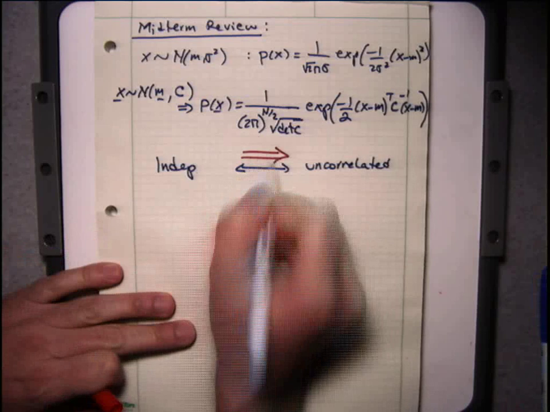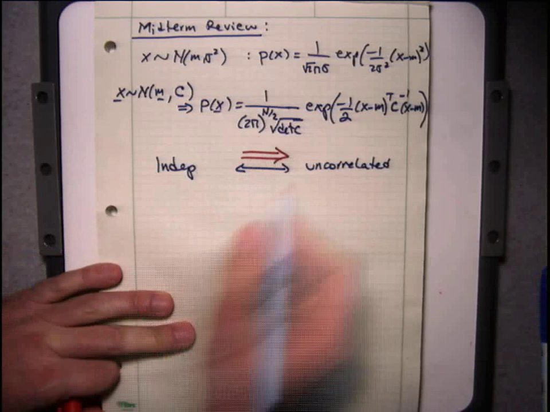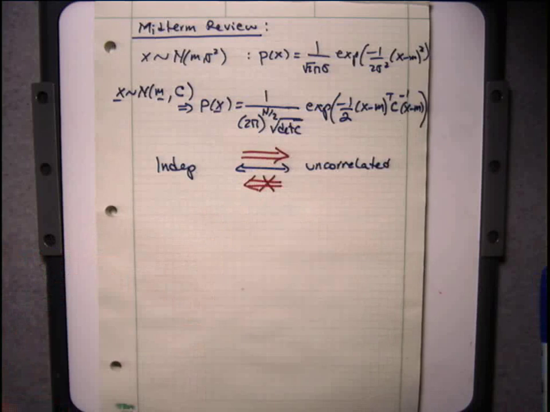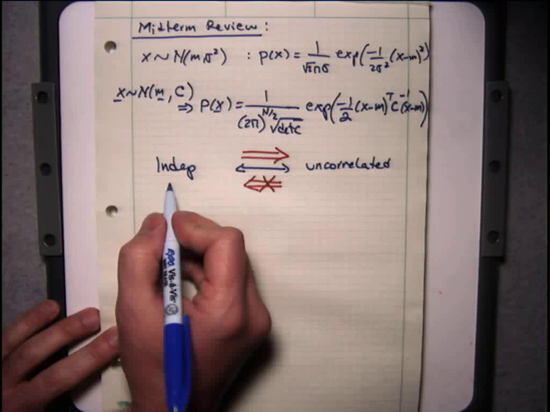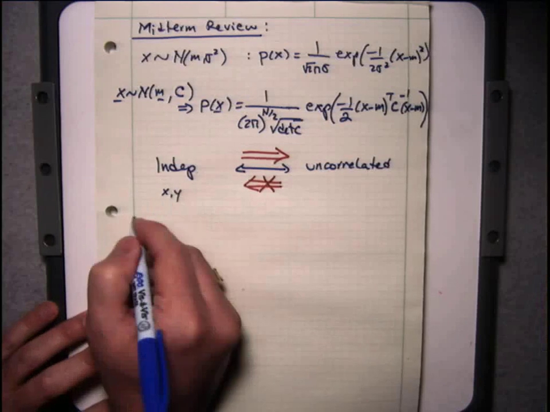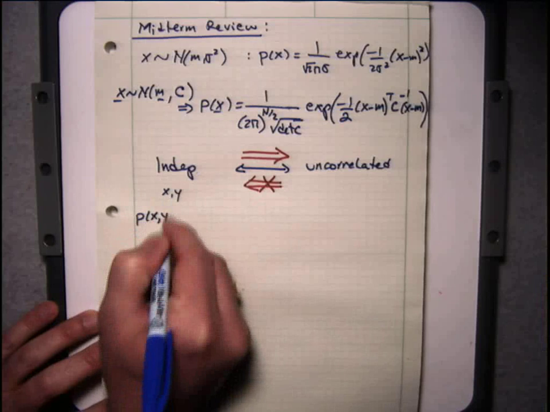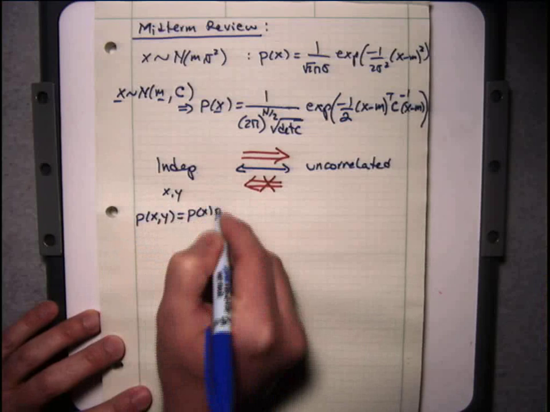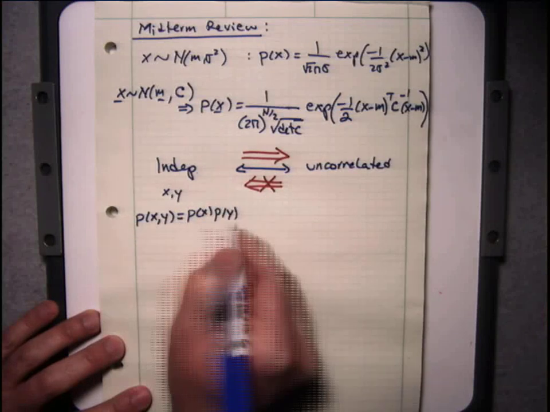Independent implies uncorrelated, but in general, uncorrelated does not imply independence. One way to think about this is that if you have two random variables, x and y, if they are independent, what that means is that the joint density between x and y is p(x) times p(y), which is a very strong statement.